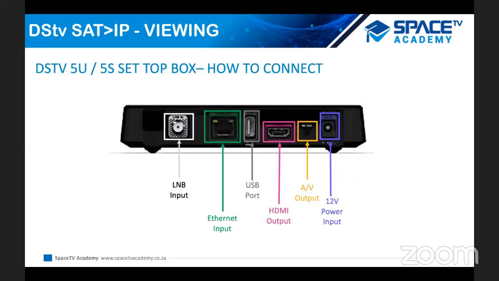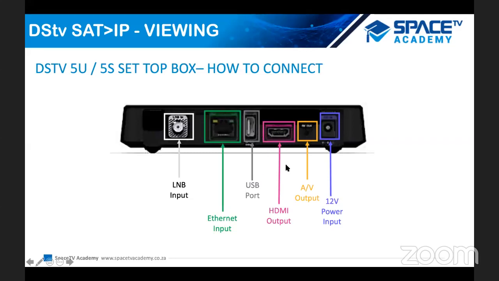So here's the back end of the 5 series decoder. On the left-hand side, we have the LNB input, which we will not be using in SATIP, but we have an Ethernet input, which is obviously where our LAN cable will now connect, and this will become the input of the decoder instead of the coaxial feeds from a satellite dish as we've grown accustomed to. Once again, our USB port. Then we have an HDMI output and an AV output.